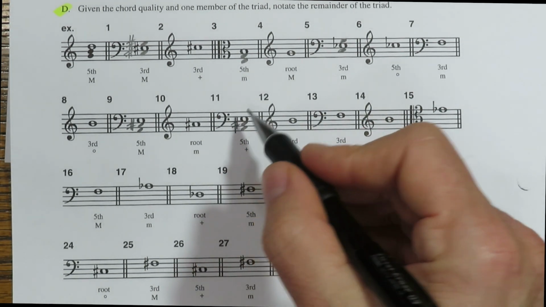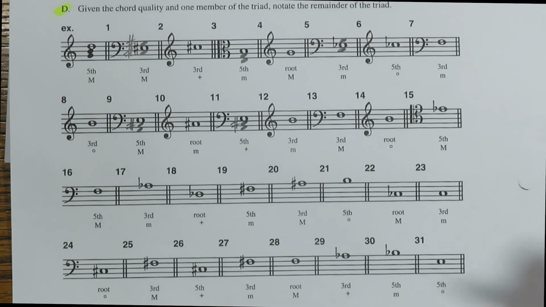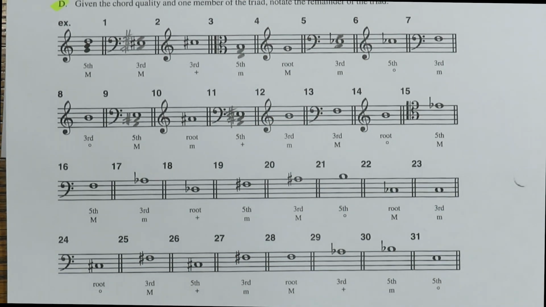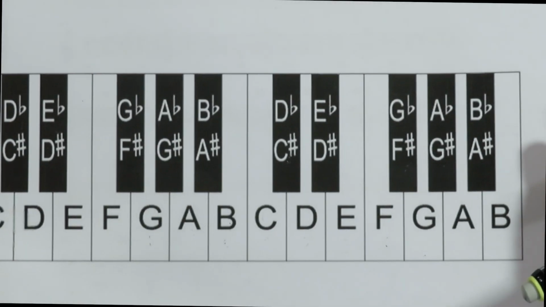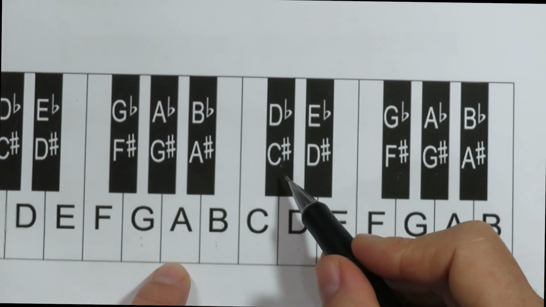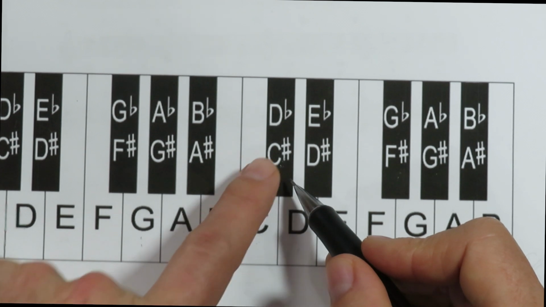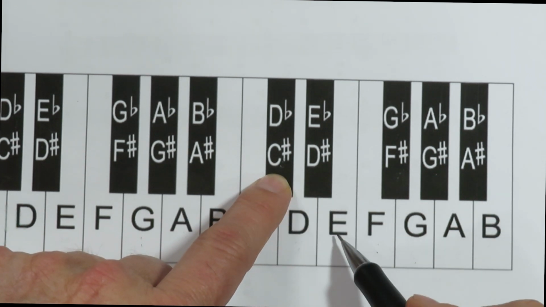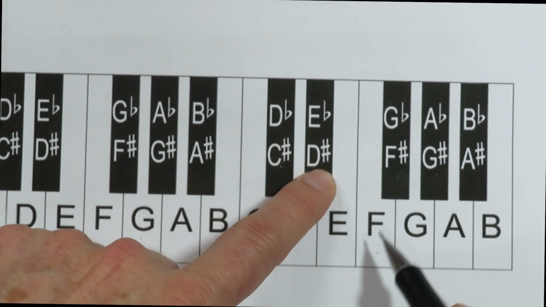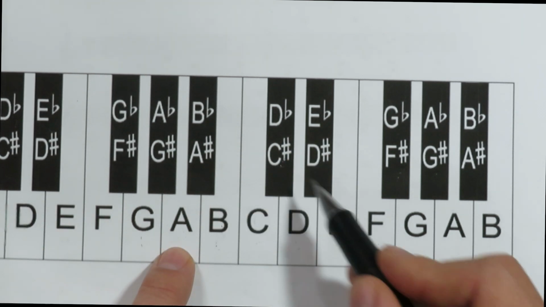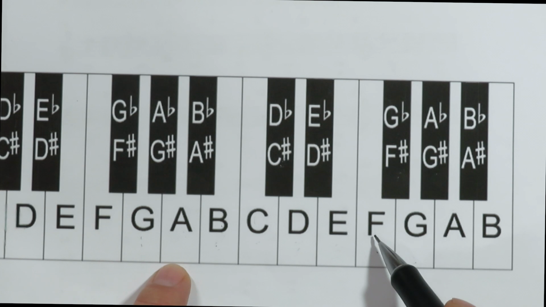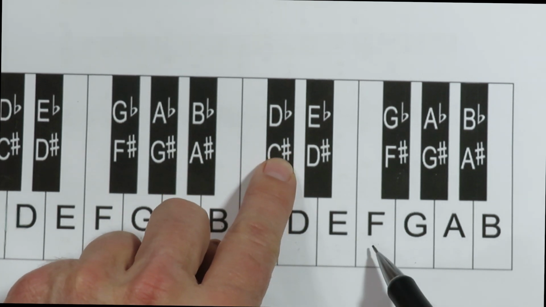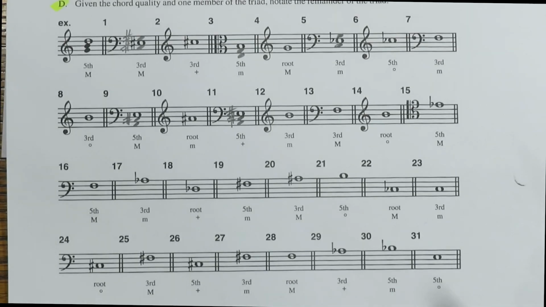Now C sharp to E would be a minor third, so we just need to sharp the E as well. A to C sharp, 1, 2 whole steps, and C sharp to E sharp, 1, 2 whole steps. A, C sharp, E is the augmented. So the A major, A, C sharp, E, we just sharp the fifth. Boom.